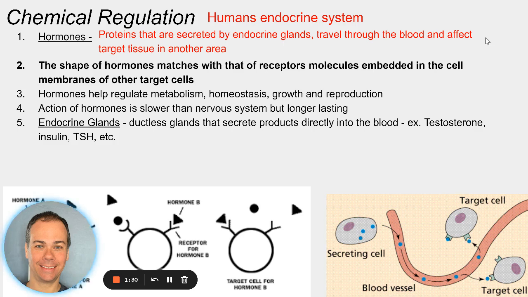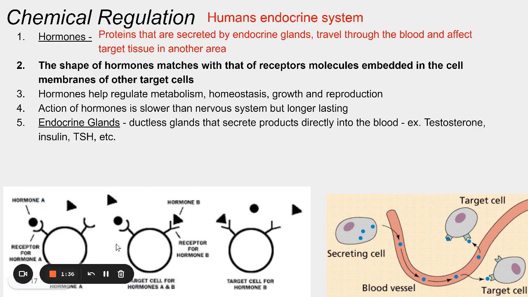And so in the human body, there are special organs that are called glands, endocrine glands, and they produce these hormones. And they release them into our blood, where they circulate around throughout our entire body.